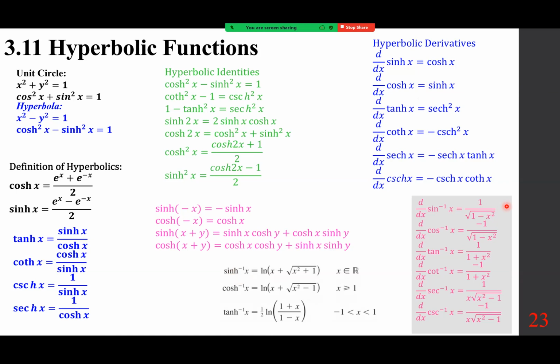And so this is just to refresh everyone's memory as far as some of the formulas you may have seen in your lectures. So hopefully this is pretty straightforward, and that takes care of the business for the sine inverse, cosine inverse, and so on and so forth.